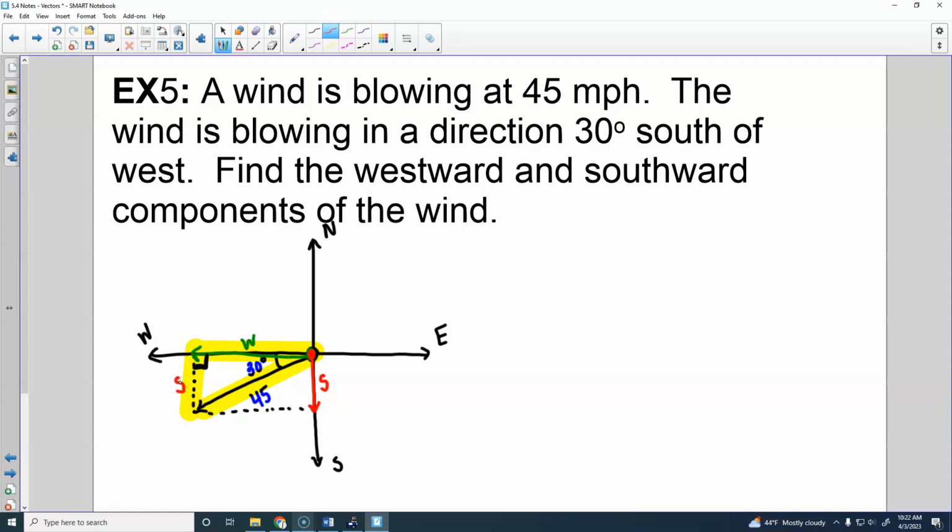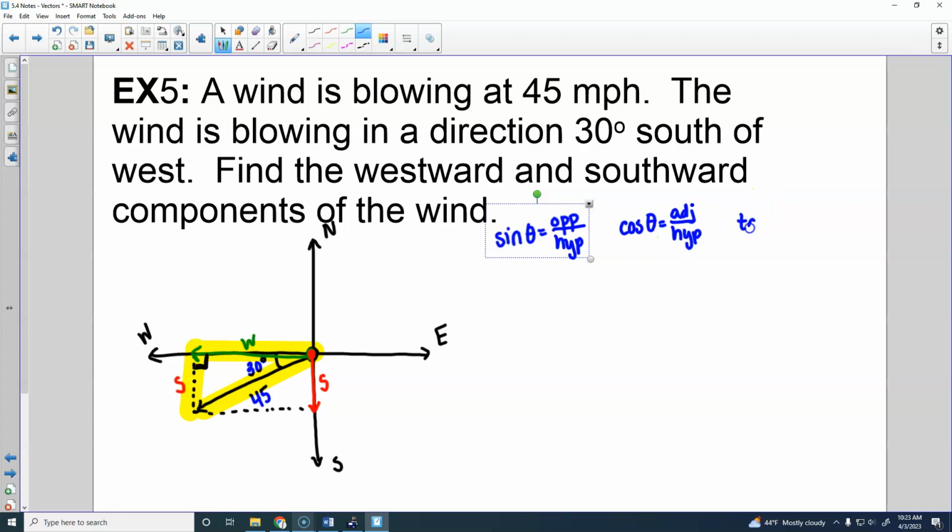Law of sines will work, but I think it will be good if we use regular trig here. So keep in mind that sine of your angle is opposite over hypotenuse. Cosine of your angle is adjacent over hypotenuse.